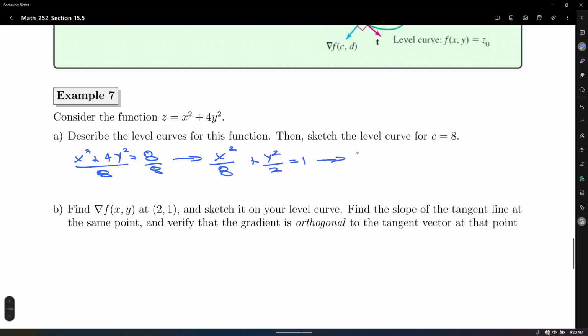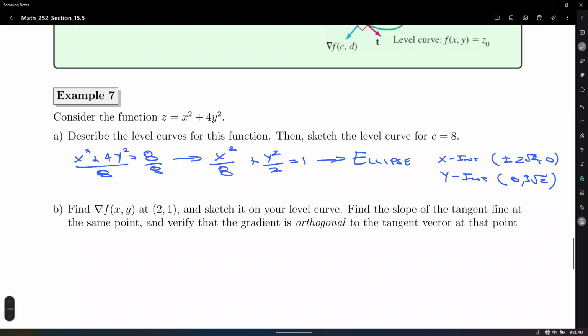That is an ellipse where the x-intercepts are plus or minus the square root of 8, or 2 root 2, comma 0, and the y-intercepts are 0, comma plus or minus root 2. Don't forget that. We need this to graph this ellipse, of course.